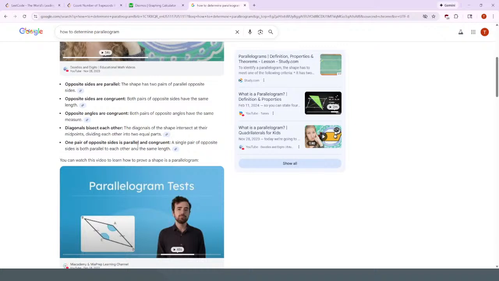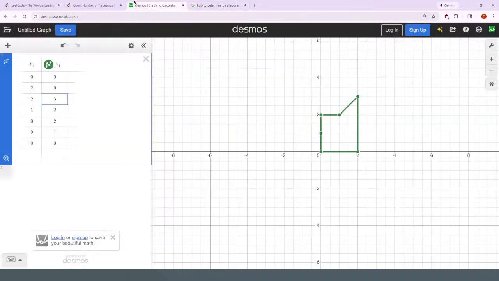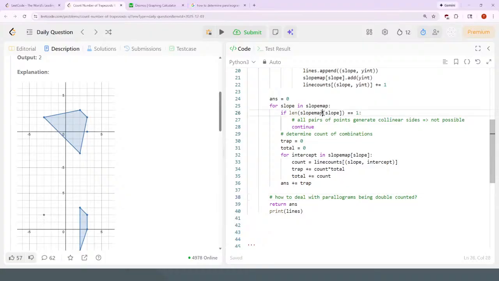So I need to keep track of both the slope, y-intercept or x-intercept, and length of it. Okay. Is that too much to keep track of? Probably not, actually.